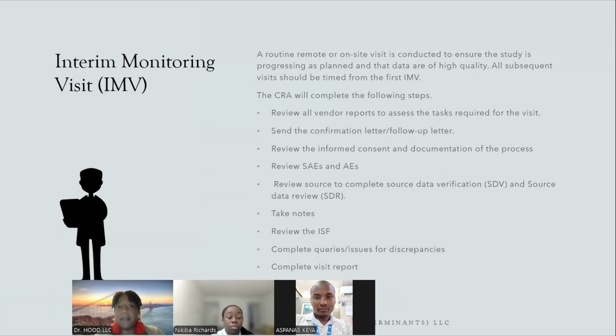So again, back to that monitoring plan, that book that we depend on. It may tell you that you have up to 6 weeks to conduct a visit. That up to 6 weeks needs to be based on this first monitoring visit.